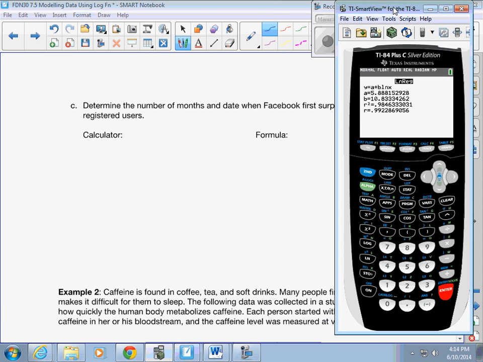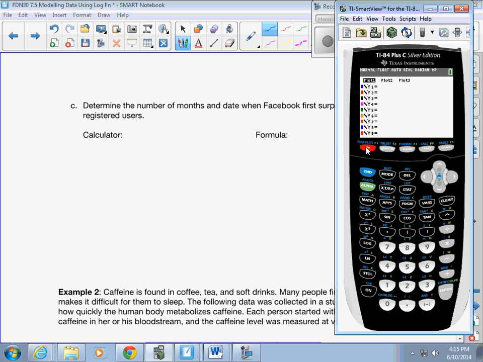So the next question says, determine the number of months and date when Facebook first surpassed 275 million registered users. So on the calculator, because registered users is our X, you can just do that value function. So I can go second calc value. Oh, whenever you do this, you always have to put in your line first.